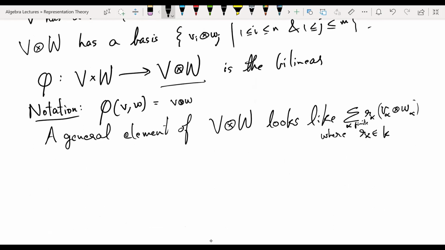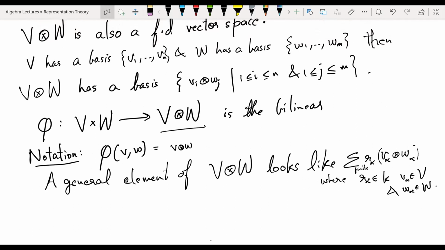Whenever you do a sum, it's always finite, so a finite number of terms are there. So maybe I can remove this alpha. v_alpha in V and w_alpha in W.